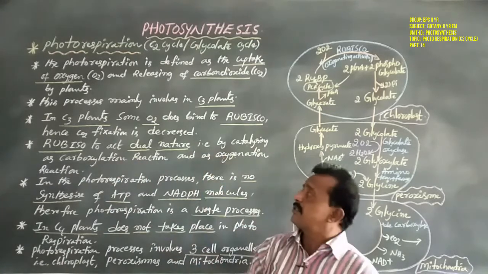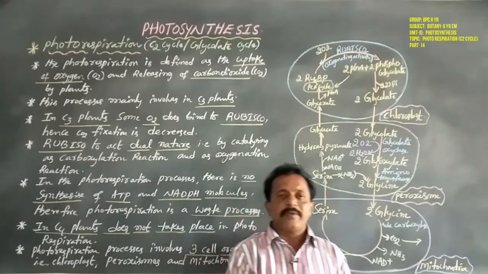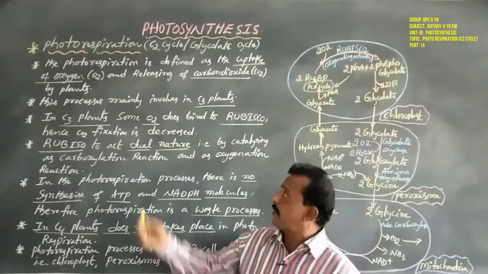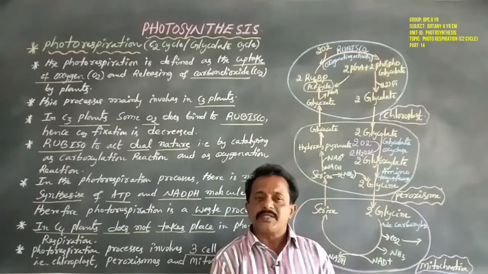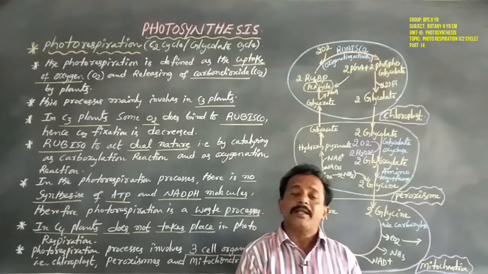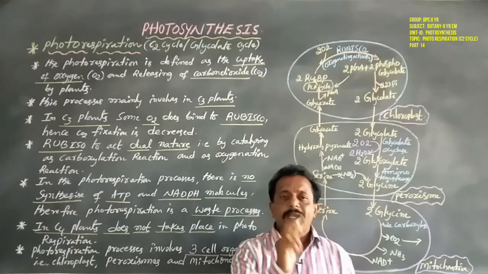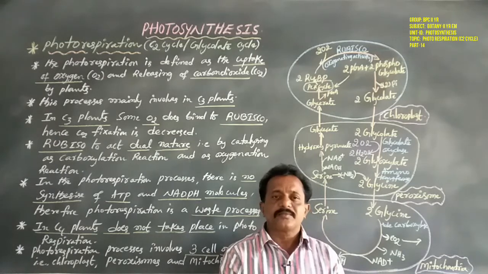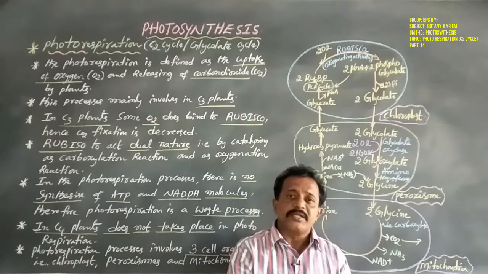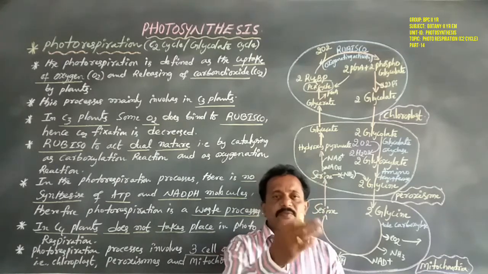So the rubisco enzyme always has a dual nature.